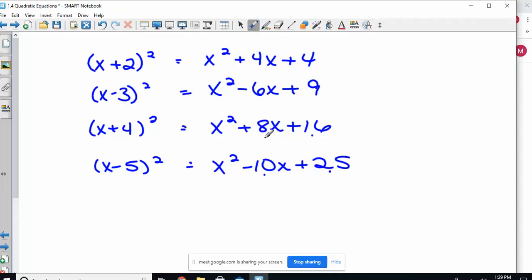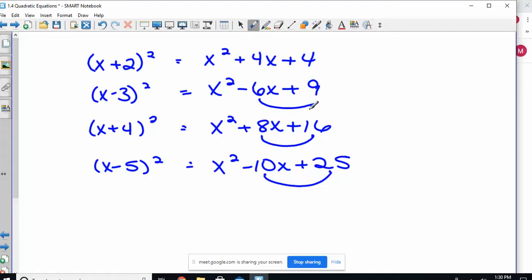If you look at our steps, it says you're going to take half of this middle term and square it. 10 divided by 2 is 5, and 5 squared is 25. 8 divided by 2 is 4, 4 squared is 16. 6 divided by 2 is 3, 3 squared is 9.